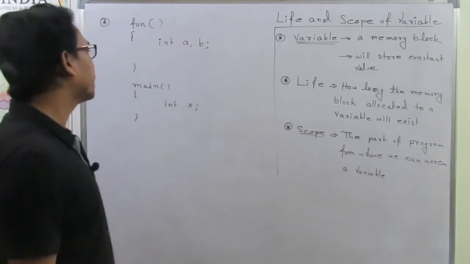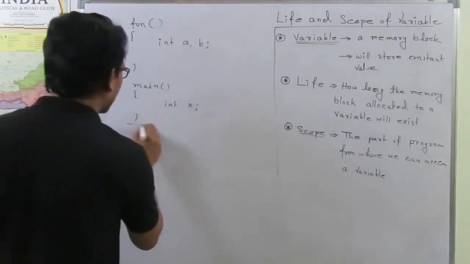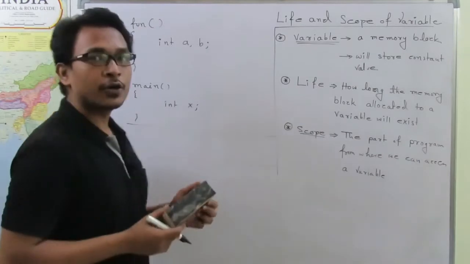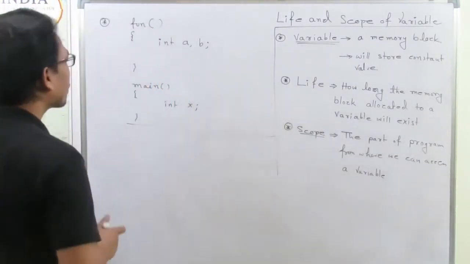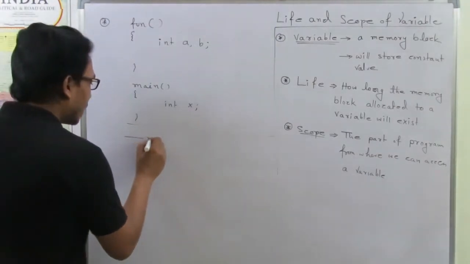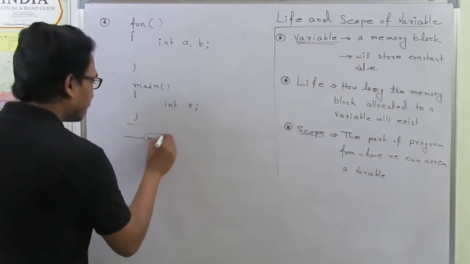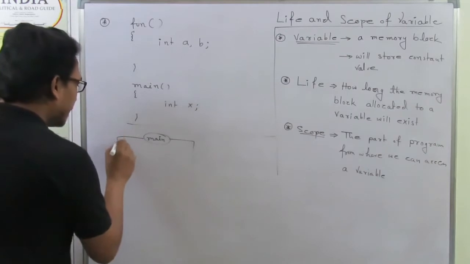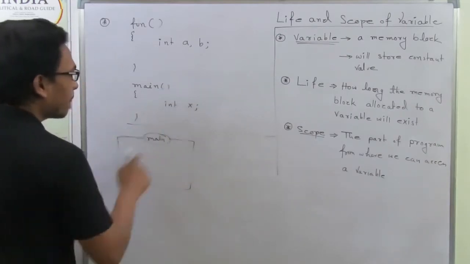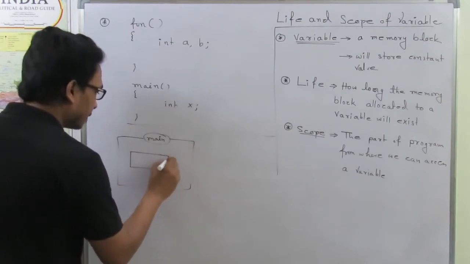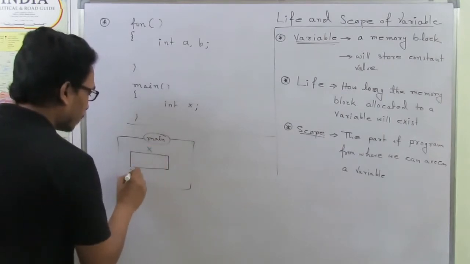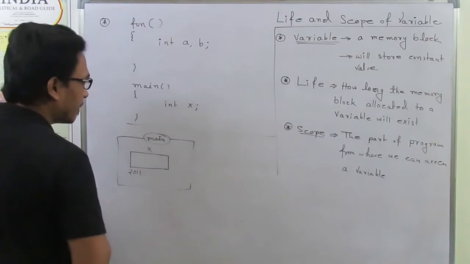Now what happens? How will the system allocate memory for these two functions when it executes this program? Look here. First, the system allocates memory for the main function, and inside main, memory is allocated for the variable x, let's say at base address 2011, initialized with a garbage value.